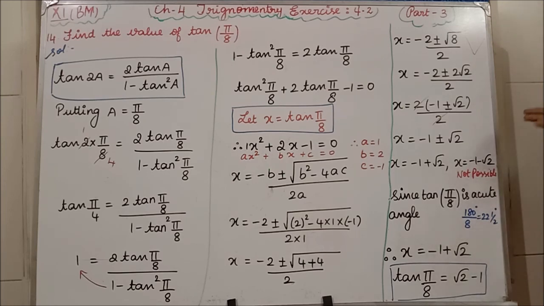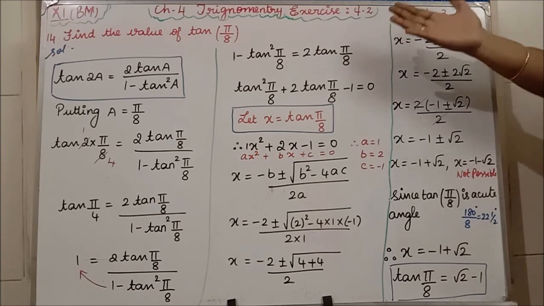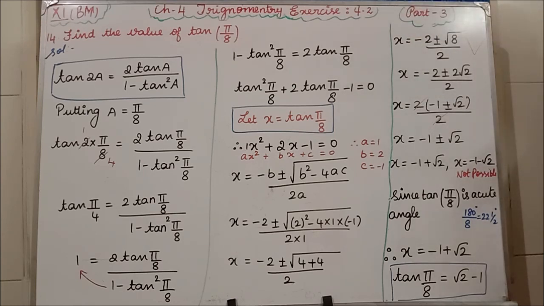Why I am saying it is not possible: tan pi by 8 is an acute angle, and for an acute angle tan will be positive only. So the negative we do not need. How do I say tan pi by 8 is an acute angle? See, pi means 180 degrees, divided by 8. If you cancel, what will we get? 22 and a half degrees.